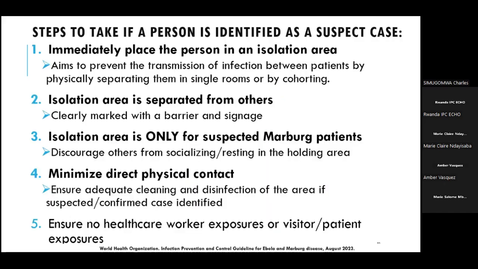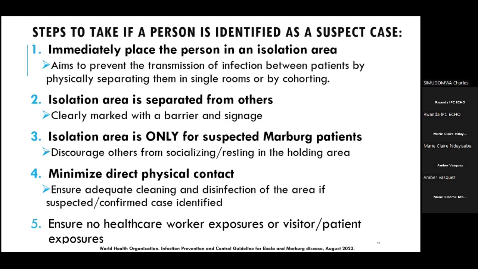We have to immediately place the suspect case in the isolation area so that we limit the transmission. The isolation area should be separate from other clinical areas, and we must put up signage that shows this is isolation. Whenever possible, we can even put up alarm ribbon.